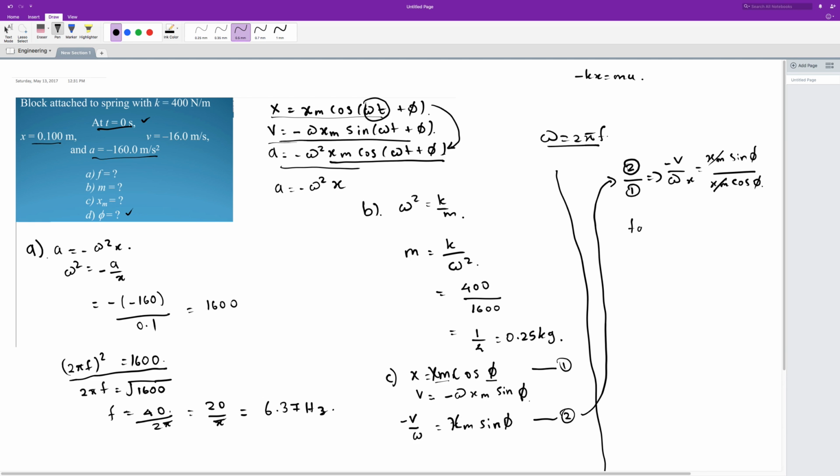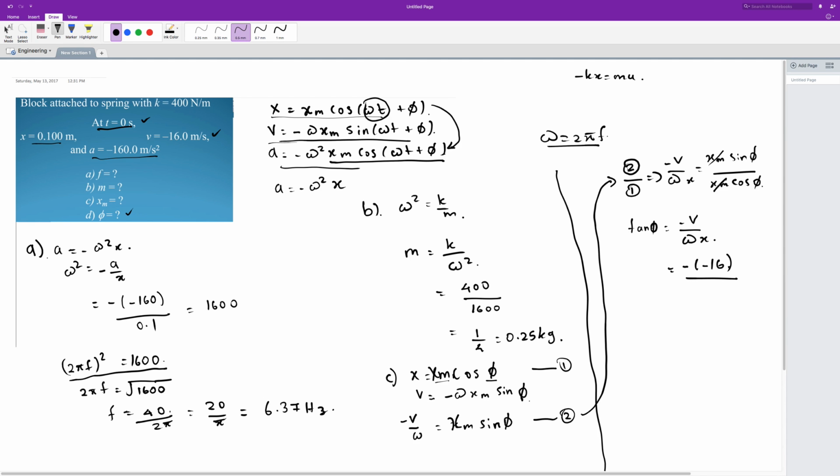So tan phi is equal to minus v over omega x. We have the velocity provided, so we can substitute that. This is going to be minus 16 over omega.